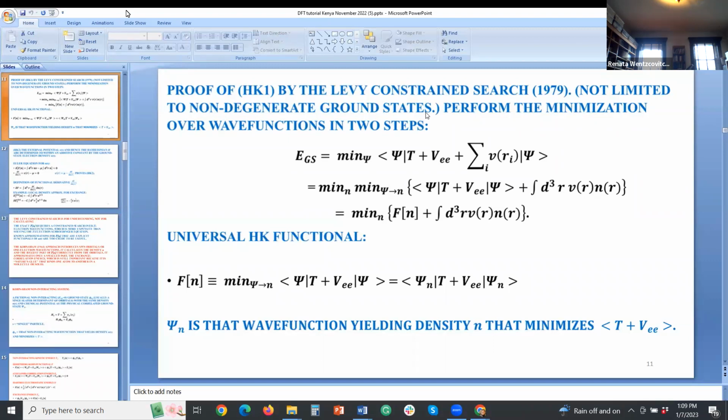It's the minimum over all wave functions yielding a density n(r) of the expectation value of the kinetic energy operator plus the electron-electron interaction operator. If we take one of those wave functions that produces the minimum and call it psi_n, then F[n] is the expectation value of T plus V_ee in psi_n. Psi_n is that wave function, or one of those wave functions yielding a density n that minimizes the expectation value of T plus V_ee.